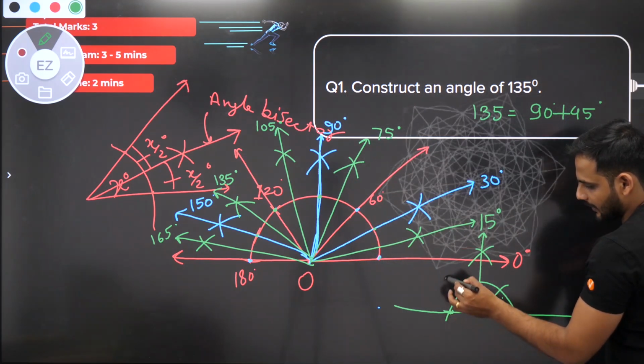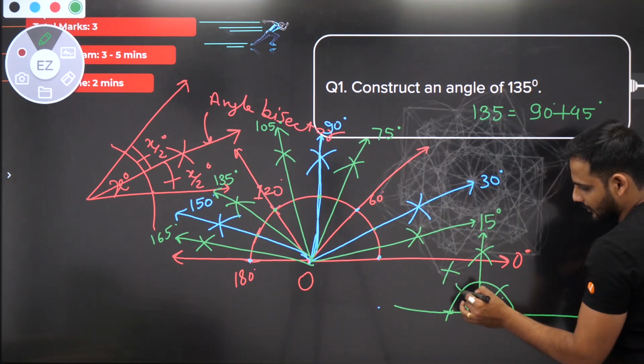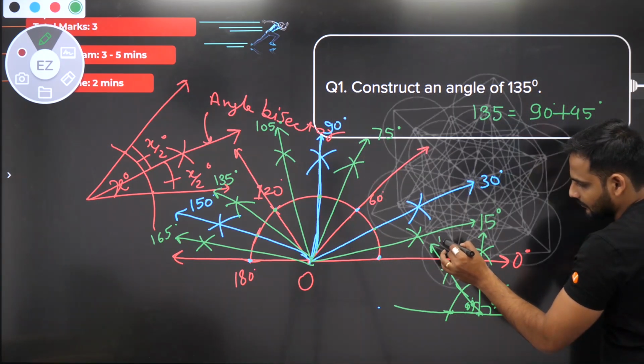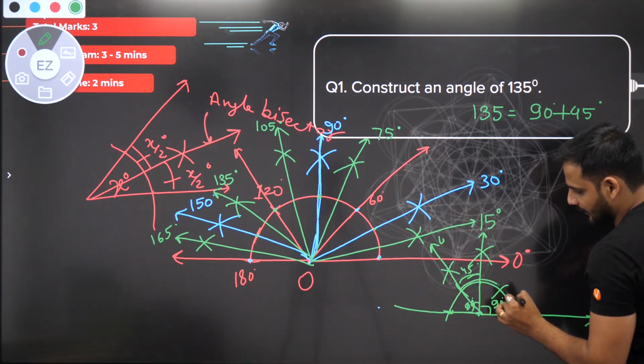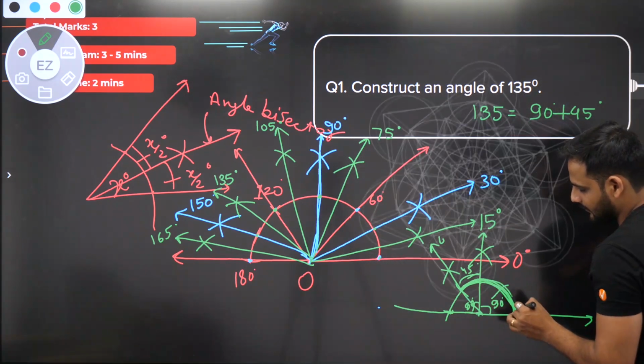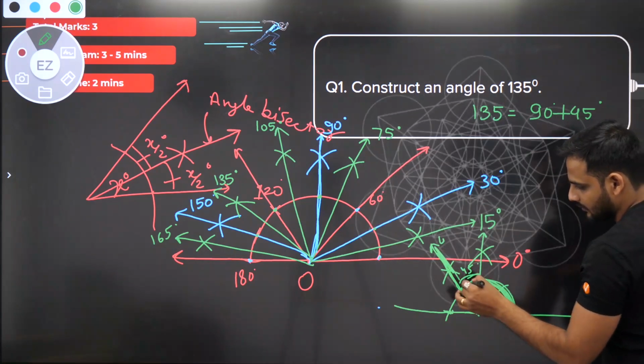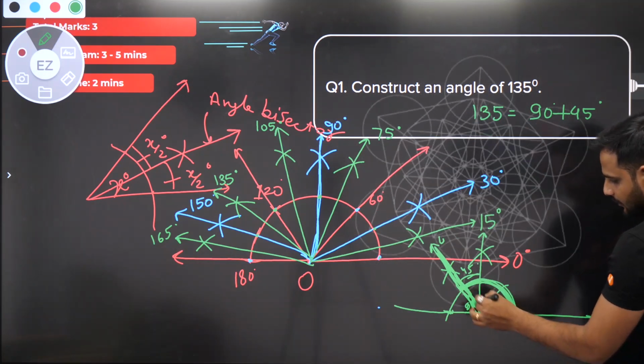If I draw an angle bisector of this part from here to here, this angle will be equal to 45 degrees. So 90 plus 45, this whole angle will be equal to 135 degrees.